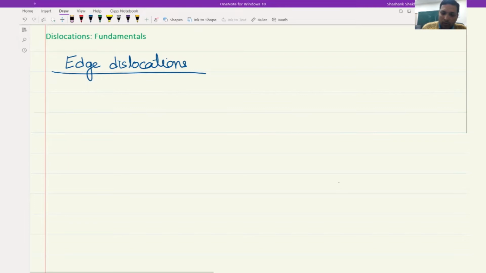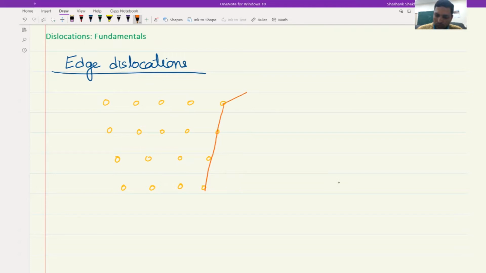So we are looking at a single crystal from one side, one edge, meaning this whole thing is a plane, and this is a half plane.